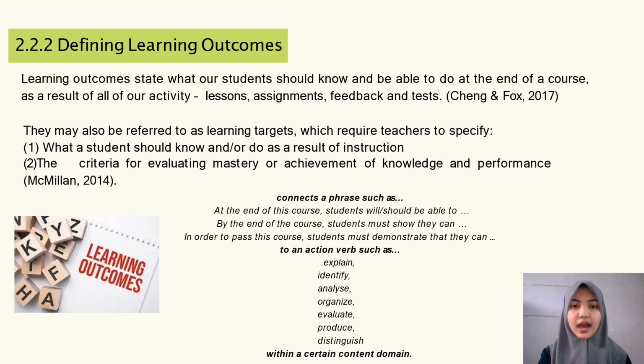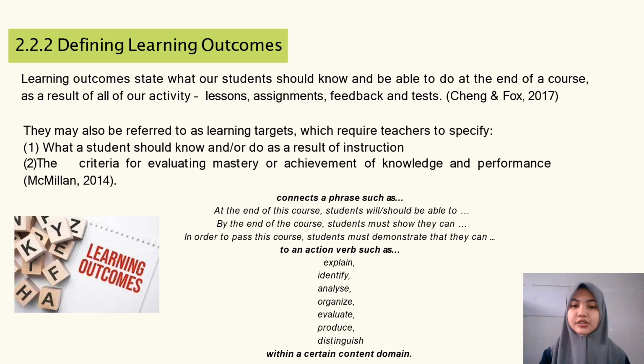And then here I have the formula of learning outcomes. There are some phrases and action verbs that illustrate the example of learning outcomes. Here are the examples. First, at the end of this course, students will or should be able to. Second, by the end of the course, students must show they can blah blah blah.